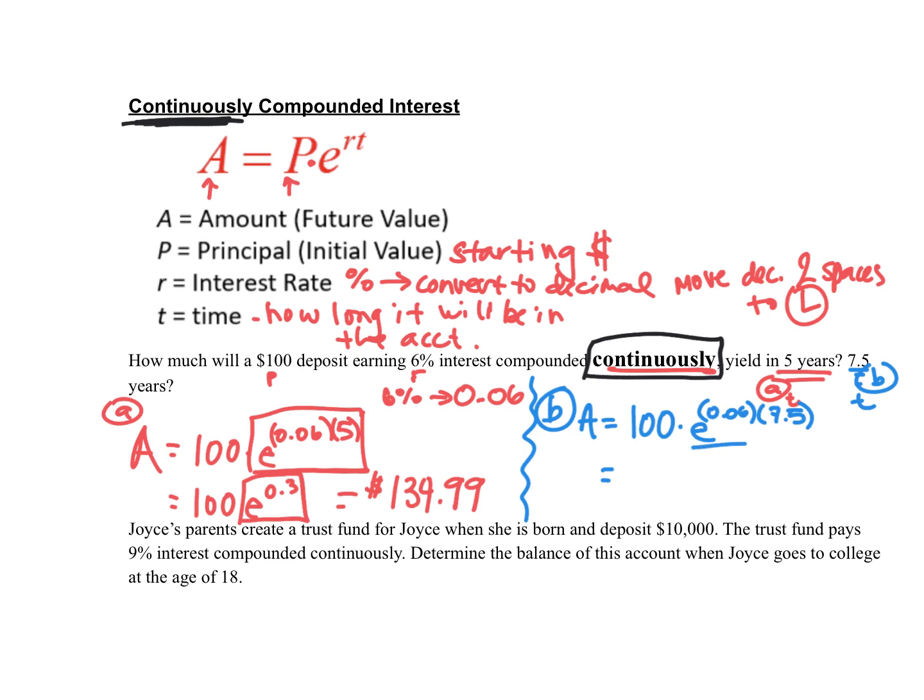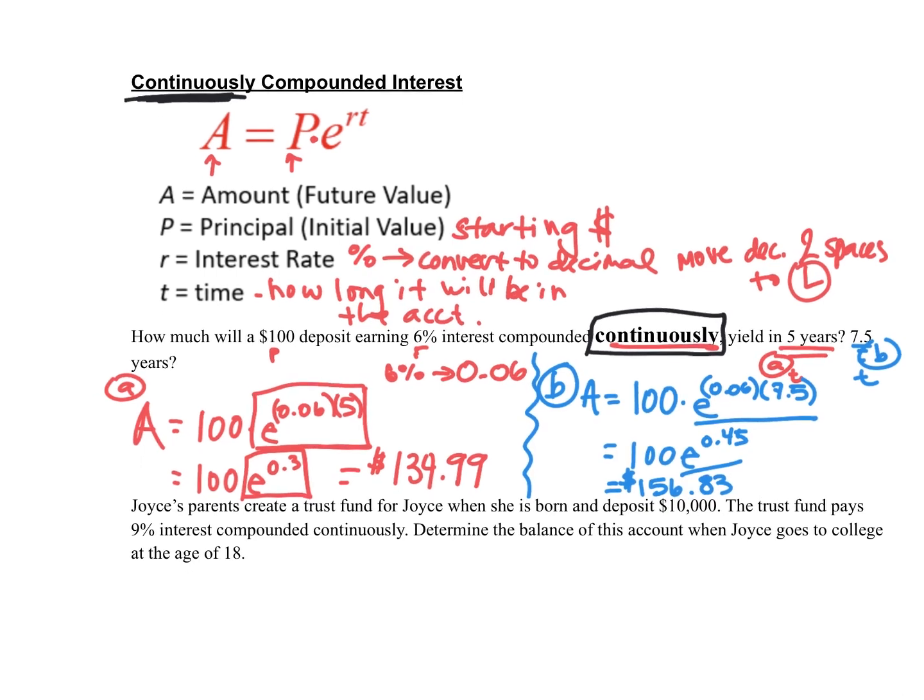We're going to plug this part into our calculator first. So 100E, what's 0.06 times 7.5? 0.45. I'm going to do second, ln 0.45 times 100, which gives us $156.83. Awesome. So now you can tell how much money you're going to get after a certain amount of time.